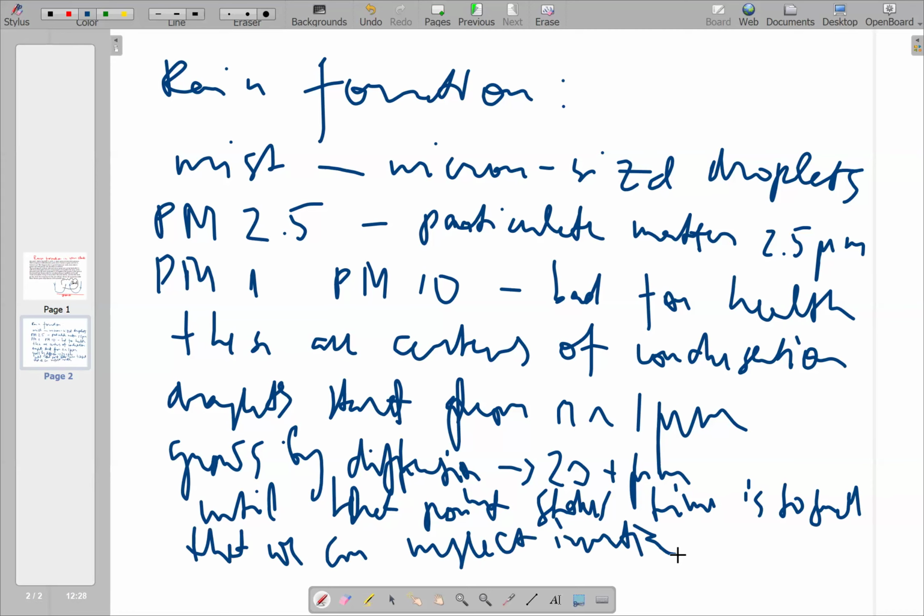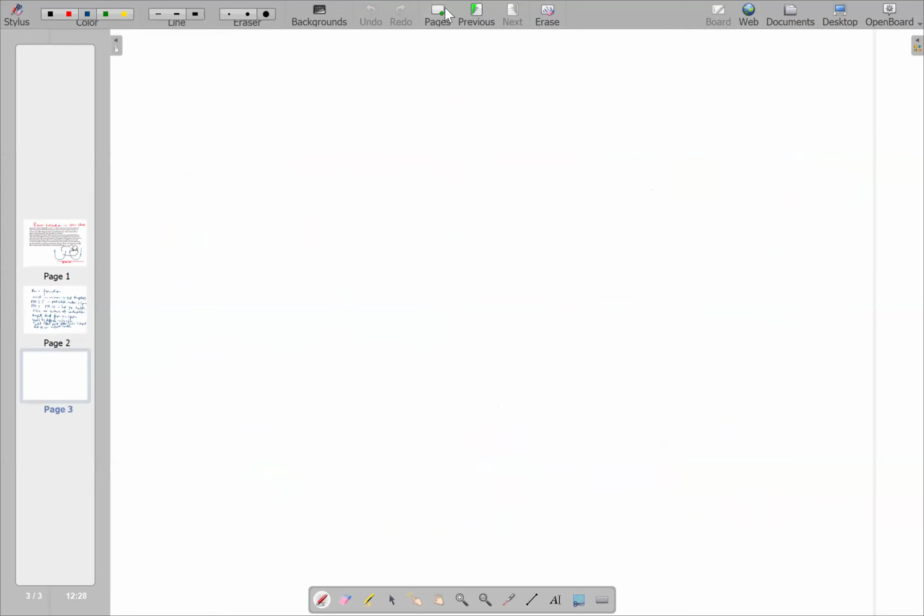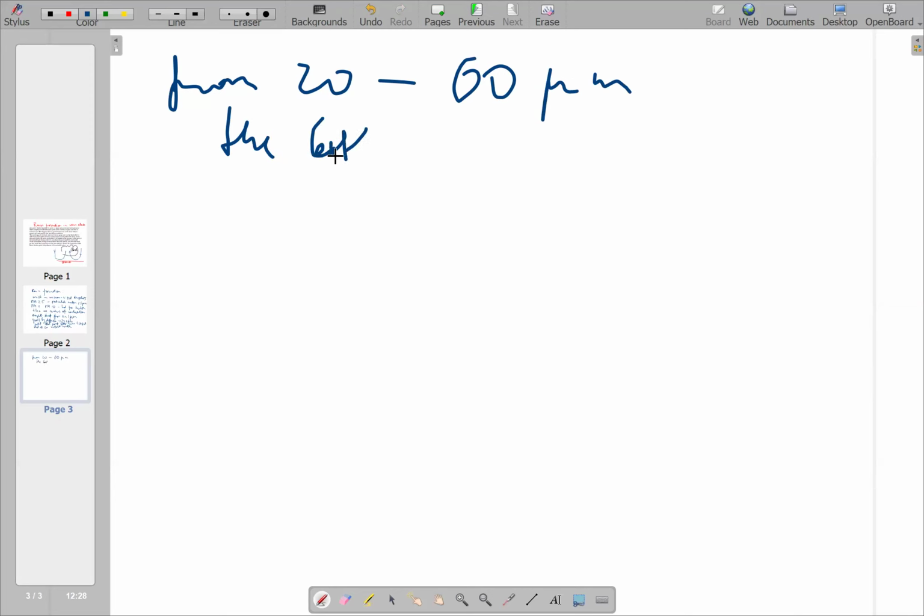And now from 20 to 60 micrometers, that is basically what is called a bottleneck. The bottleneck. Now, what is a bottleneck?